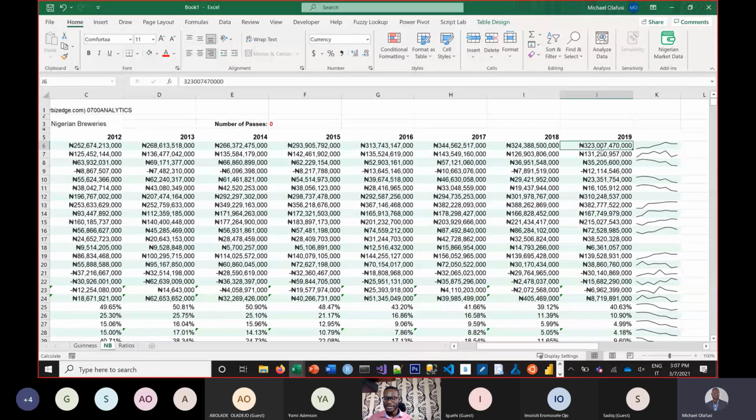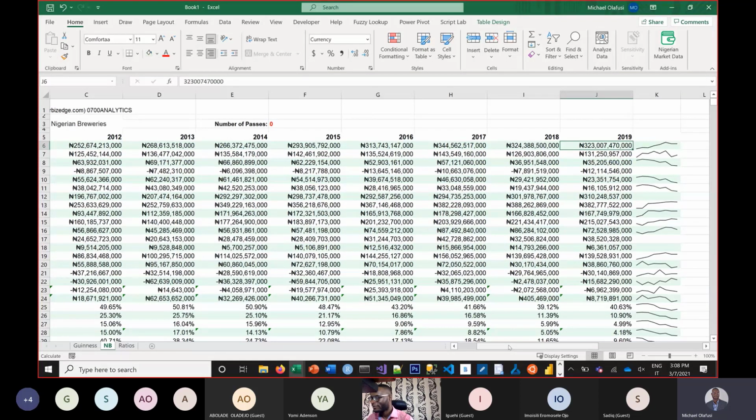So the only way you can make an apple-to-apple comparison is if you use ratios, because absolute values will not give you the true picture. It's only when you use financial ratios that you can compare companies in the same industry with different absolute values.